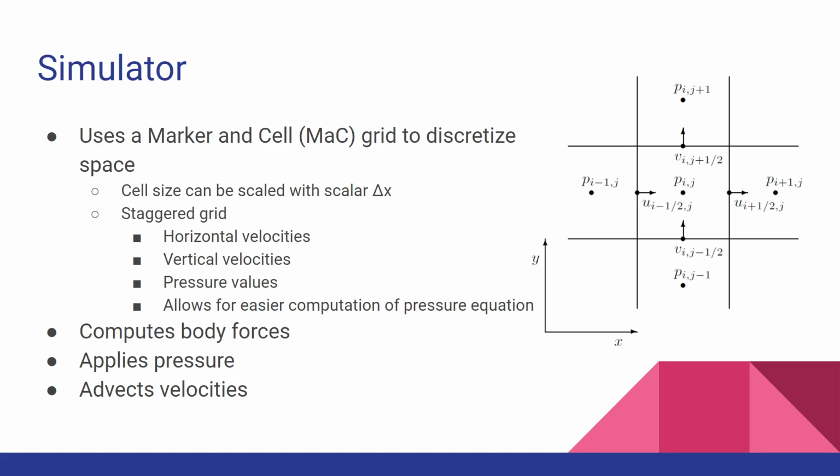Advecting velocities is essentially just tantamount to updating the velocity field itself. And so in summary, the simulator's output is a velocity field for every frame that we want to simulate. So it's going to output a whole list of velocity vector fields.